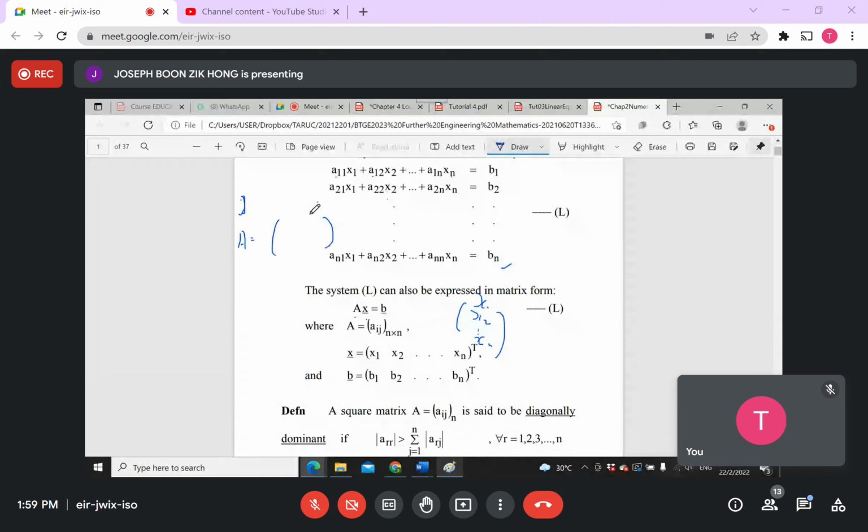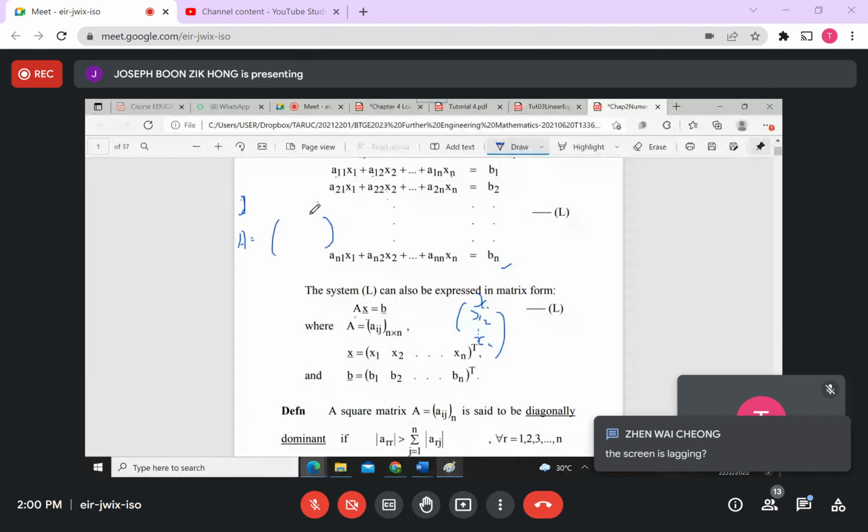A square matrix is said to be diagonal dominant. What is diagonal dominant? Diagonal means this one: 5 must be greater than 1 plus 2, and 1 must be greater than 1 plus 1.